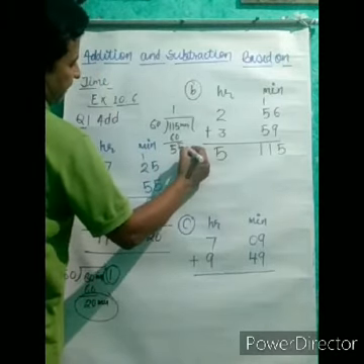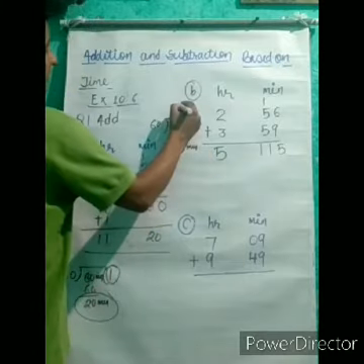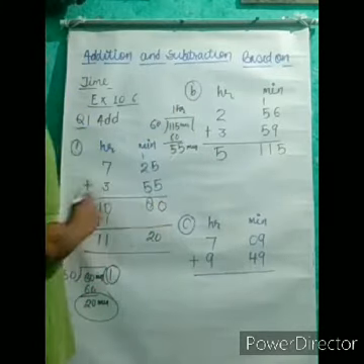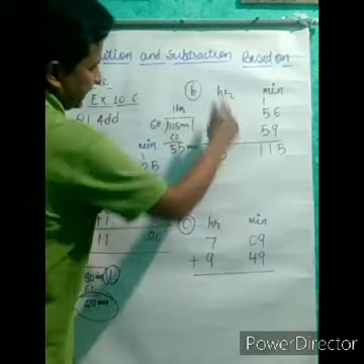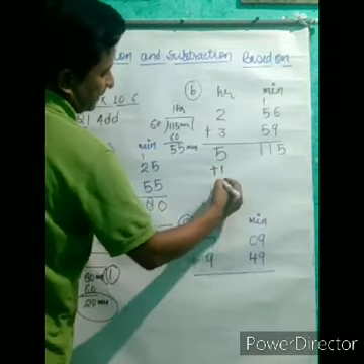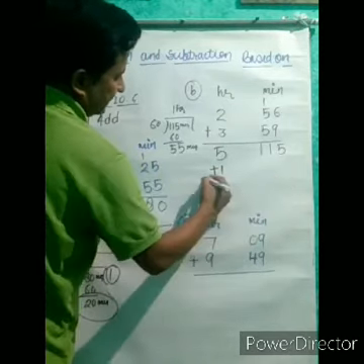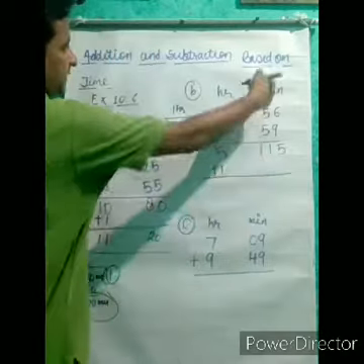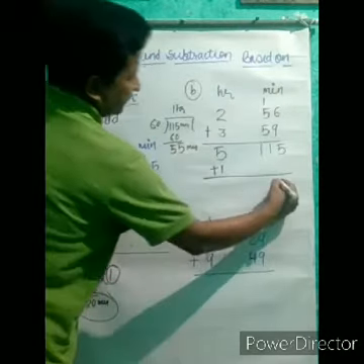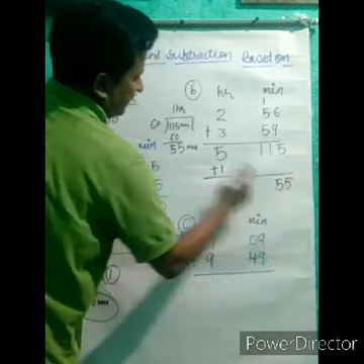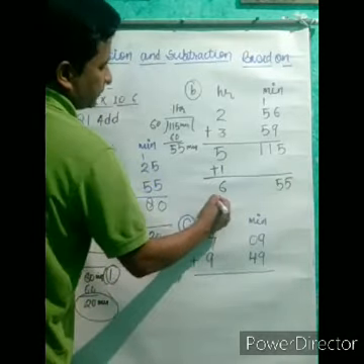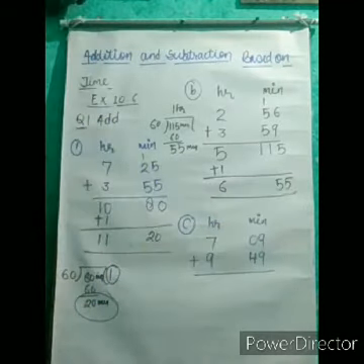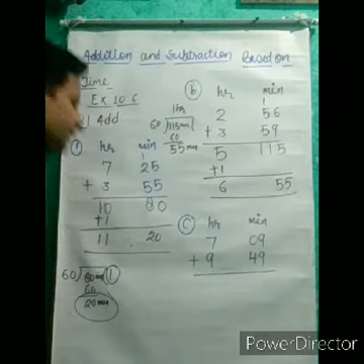The remainder comes in minutes and the quotient comes in hours. So this 1 hour you can add in the hour column, and in the minute column the remainder is 55. So we write 55 here, and 1 plus 5 is 6, so 6 hours and 55 minutes. Same way we can do here.